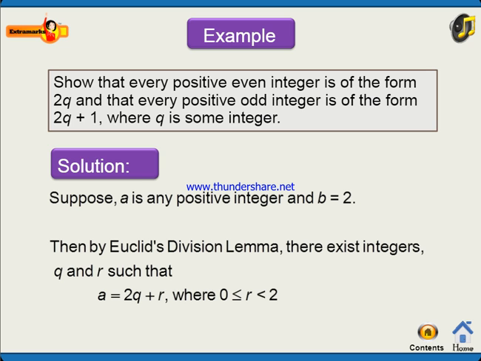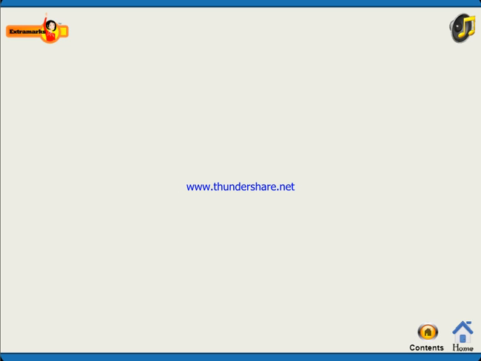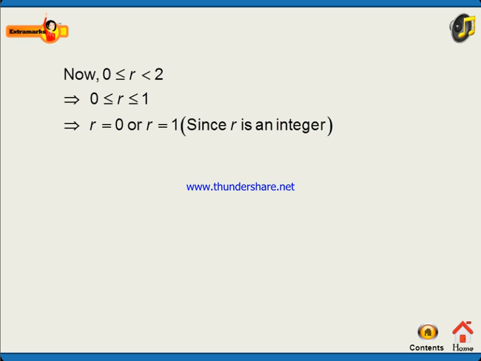Then by Euclid's division lemma, there exist integers q and r such that a is equal to 2q plus r, where r is equal to 0 or a positive integer less than 2. Since r is an integer, we get r is equal to 0 or r is equal to 1. Therefore, a is equal to 2q or 2q plus 1.